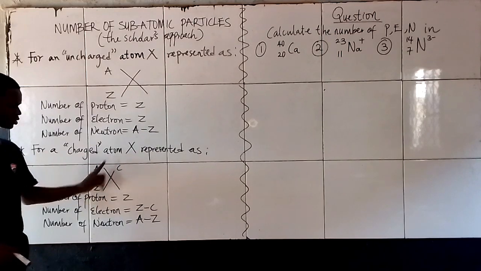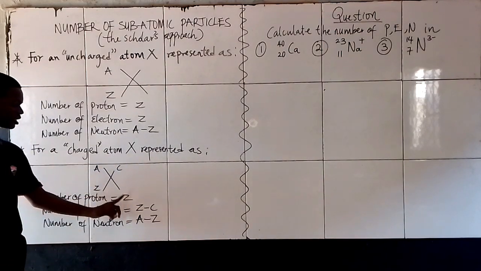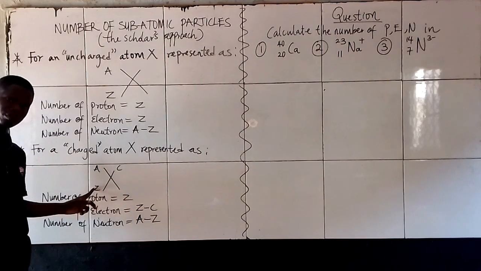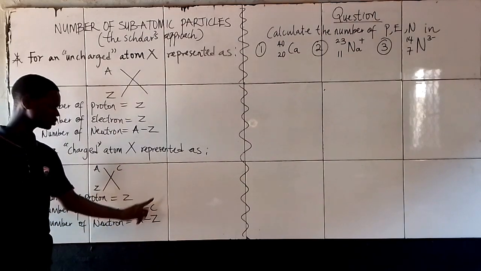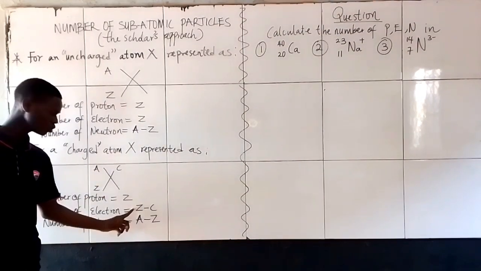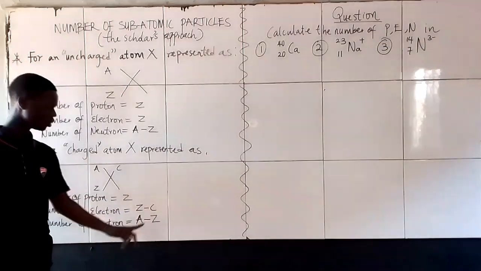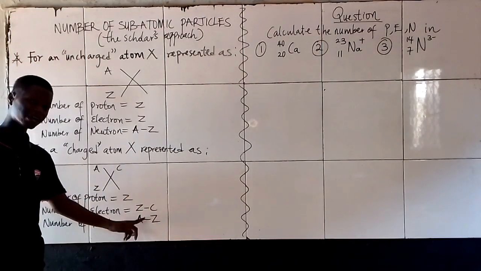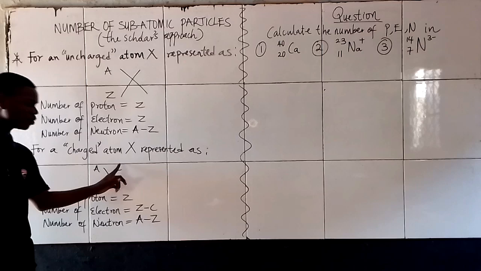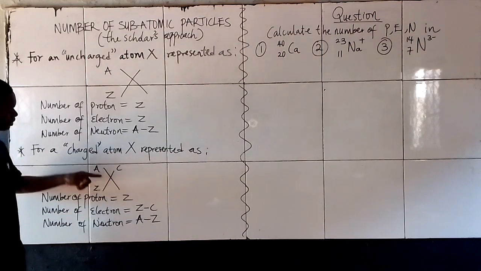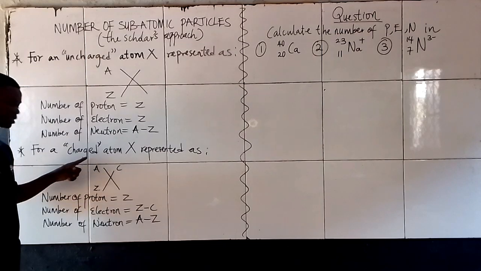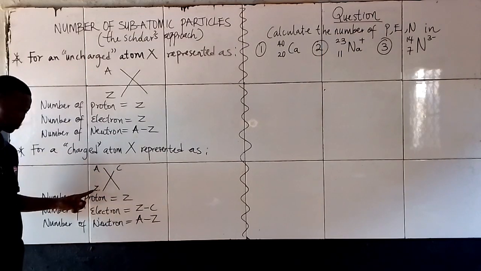Now for a charged atom, the number of protons remains the same as Z. That is the number at the bottom here. While the number of electrons will be Z minus charge. That is the proton number minus the charge, or you say the atomic number minus the charge. This minus this. Then lastly, for the number of neutrons, it still remains up minus down. That is the mass number minus the proton number.